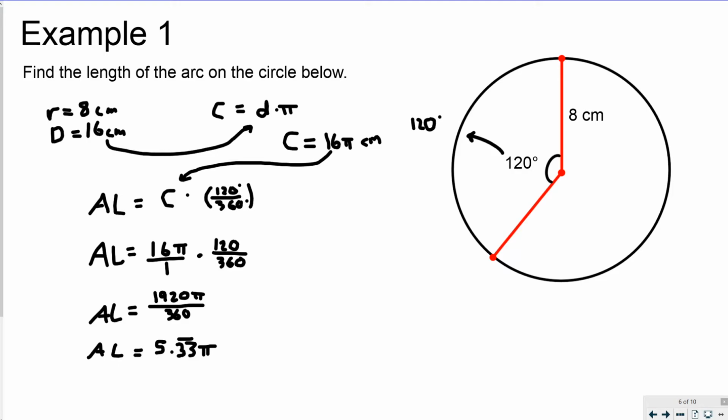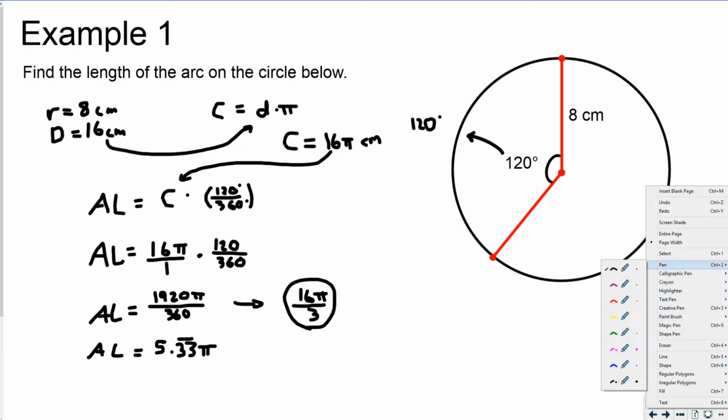So 1,920 over 360 actually reduces to 16 pi over 3. So our arc length is 16 pi over 3. If you type that in, that's the exact answer right there.